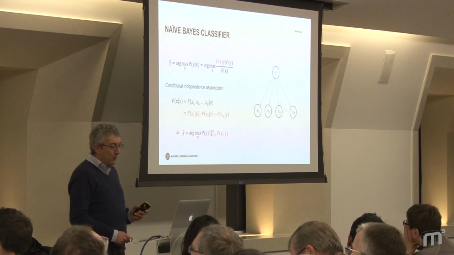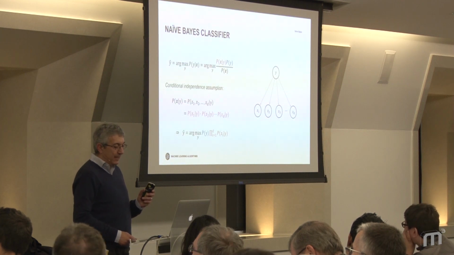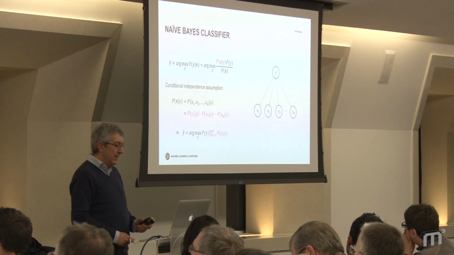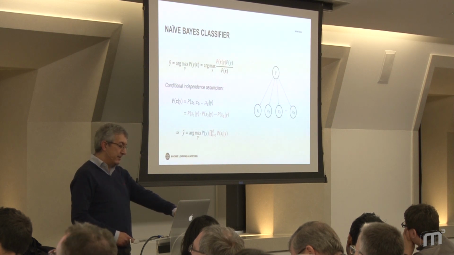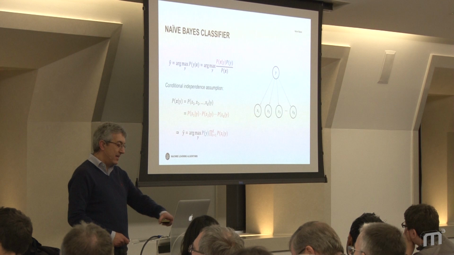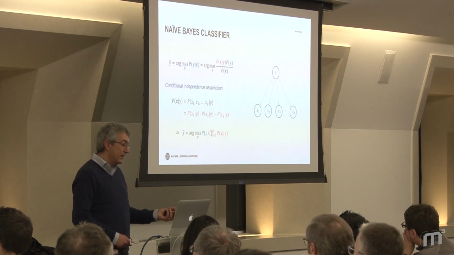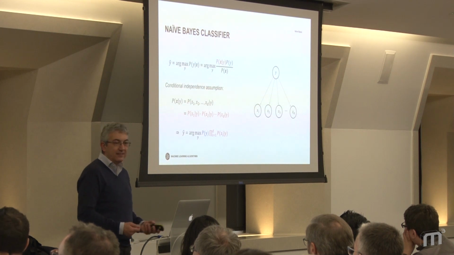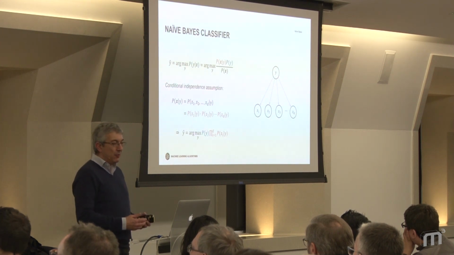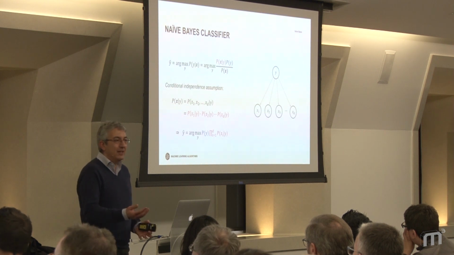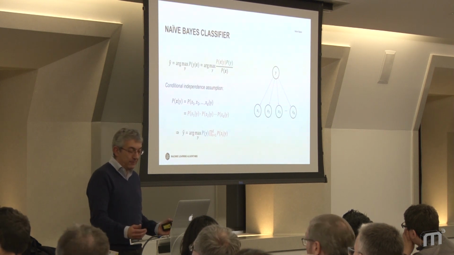Now, the problem with this is that if one has a d-dimensional vector of input features, the vector x, the string of elements x1 to xd, if these are binary elements, it has 2 to the power d possible values. So the number of parameters needed for this model is exponential in the dimension of the input space.